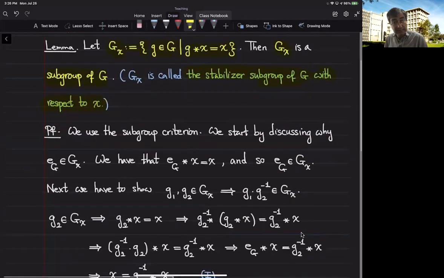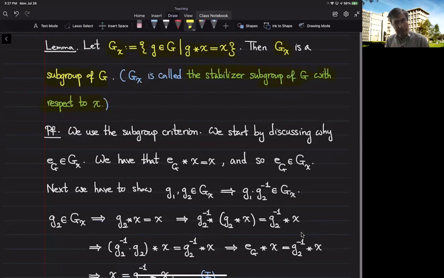Okay, let's see why this is a subgroup. Again, we are going to use the subgroup criterion in order to show that this is a subgroup. That means, first I need to argue why this is not empty. And as usual, in order to show that this is not empty, we are going to prove that the neutral element belongs to this set.